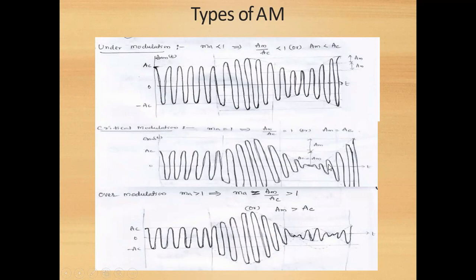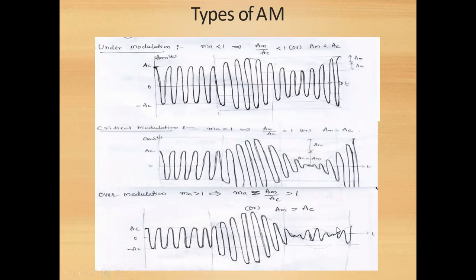If it is critical modulation, the amplitude of the message signal equals the amplitude of the carrier signal. If it is over modulation, the amplitude of the message signal is greater than the amplitude of the carrier signal.